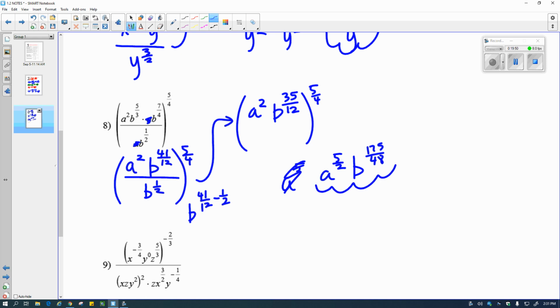And that's a pretty ugly answer, but they're not always that pretty, so I'm not going to worry too much about it. So a to the 5 halves, b to the 175 over 48ths. That was the 5 times the 35 on the top and the 4 times the 12 on the bottom.